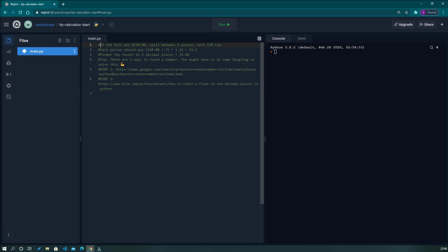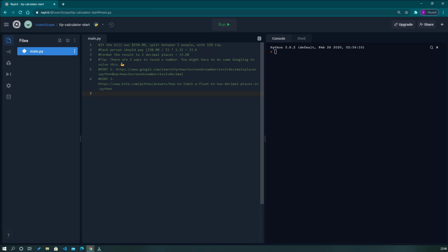For example, if the bill was $150, split the bill between 5 people with 12% tip. Each person should pay 150 divided by 5 times 1.12 to make it 12% equals 33.6. Format the result to 2 decimal places to get 33.60. Okay, interesting.